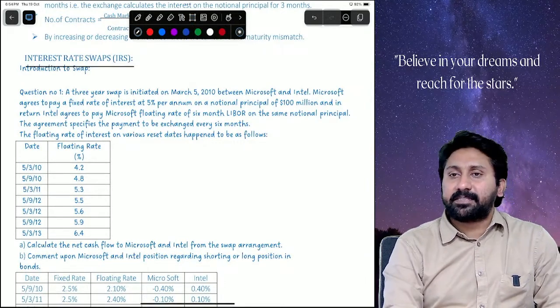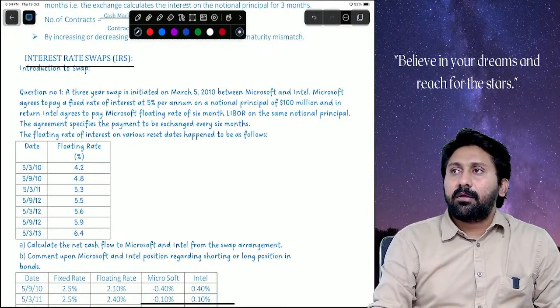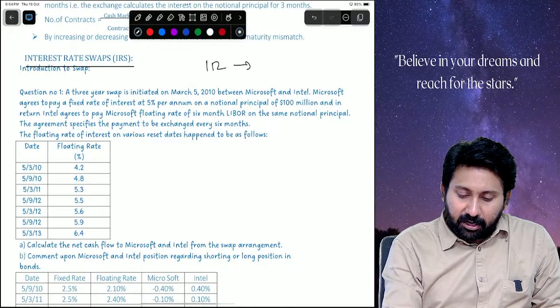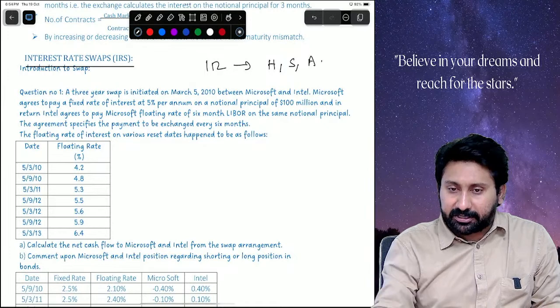Interest rate swaps is an independent chapter in the syllabus wherein we need to understand interest rates with regard to hedging, speculation and arbitrage.